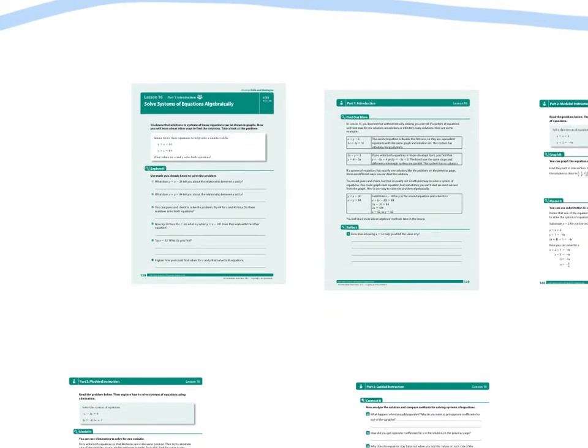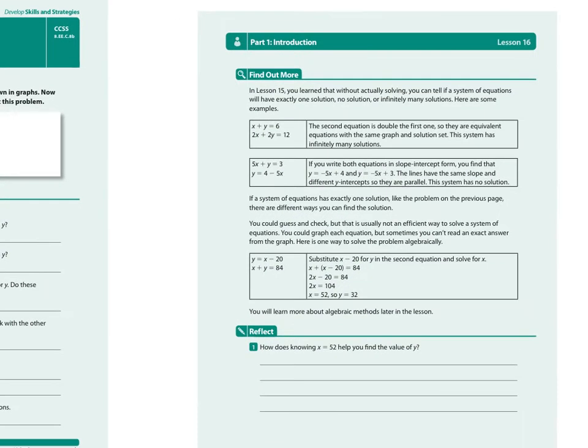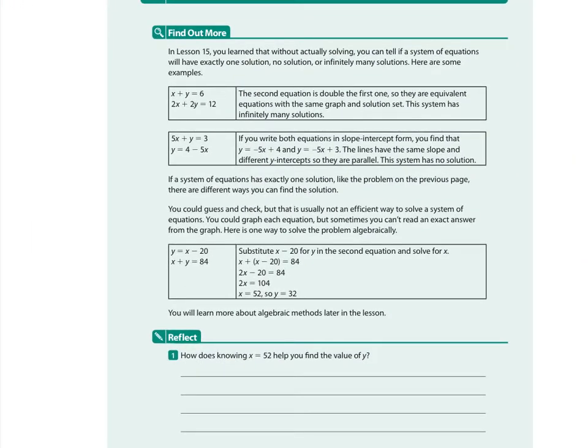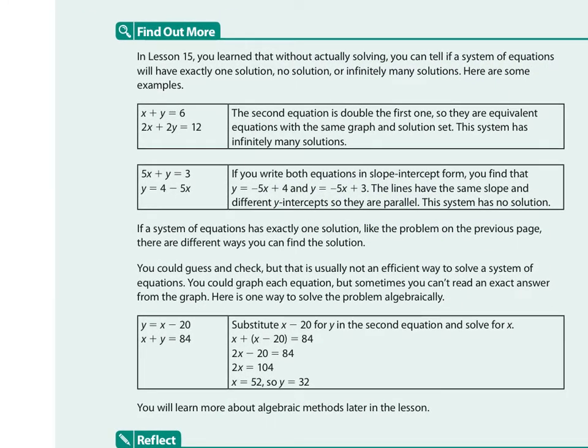So much so, I'm just going to skip the whole first page and jump right into the second page, because this is about remembering that if we have a system, sometimes it can have one solution, sometimes an infinite number of solutions, sometimes no solution. So this is hopefully a little bit of a refresher course for us on if we see a system.